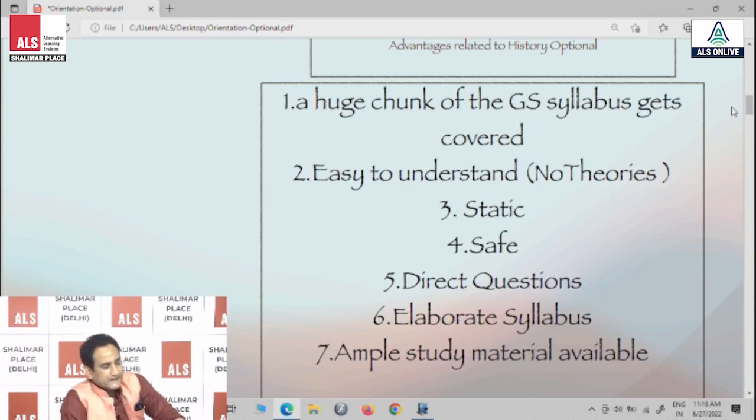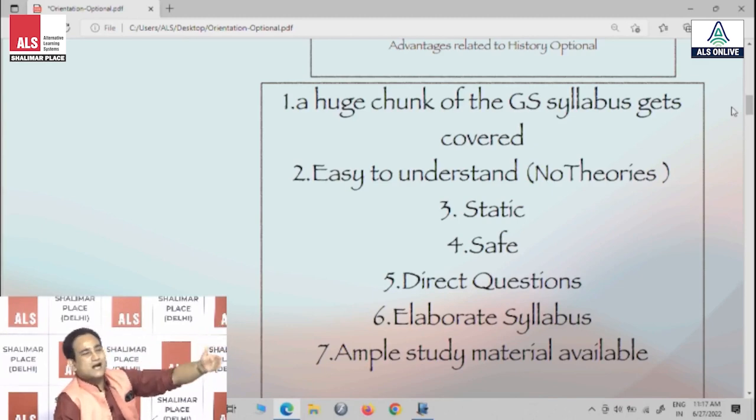So remember, when you have history optional, your burden is less in general studies and essay, right? You can deal with your current affairs topics very easily. Anything you read in current affairs, you have some historical background. You can relate it. Suppose if you have to take a stand on whether this is right or wrong, you can give an example.